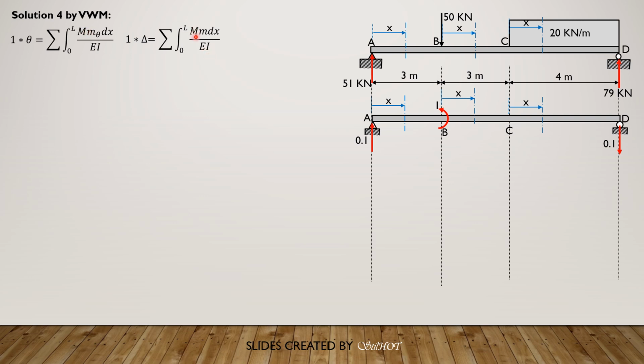These big M's here will be the same. They only change for the smaller m because this is due to couple load and this is due to unit load. So we always assume that the application of the unit couple, unit load or virtual forces will be always positive, so that the result is final.